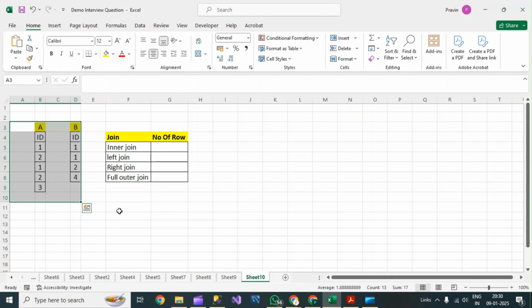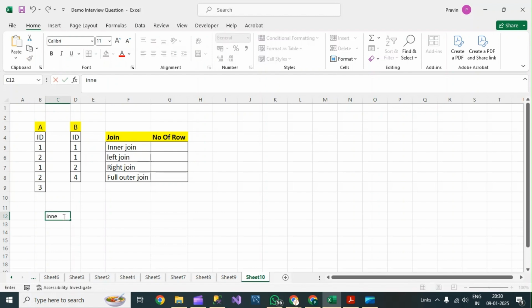In A table and B table, as per the definition, first of all we will go for the inner join. When we perform the inner join, whatever common elements are in the two tables will be selected. So for example, we are performing the inner join.